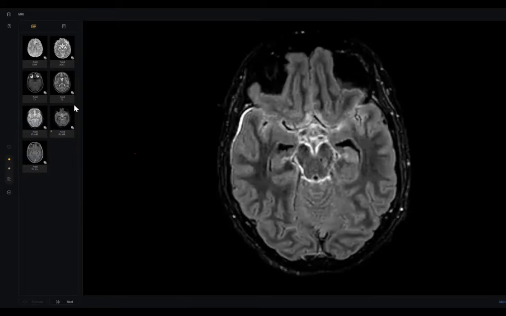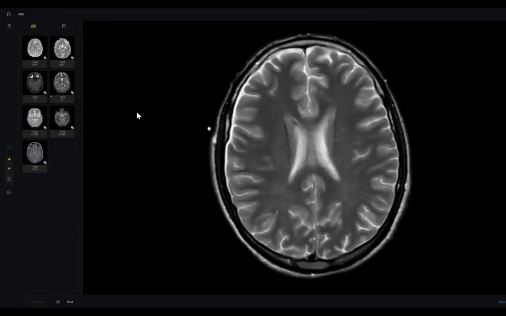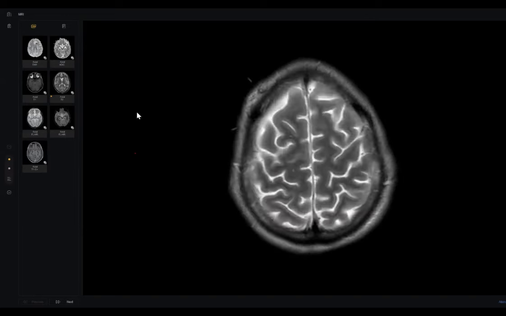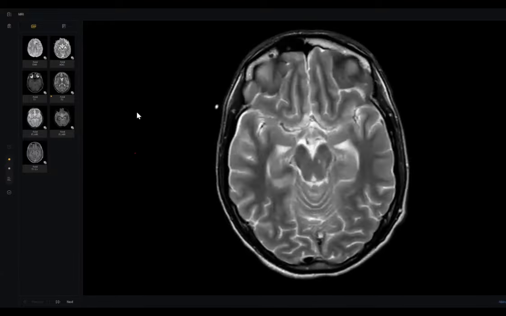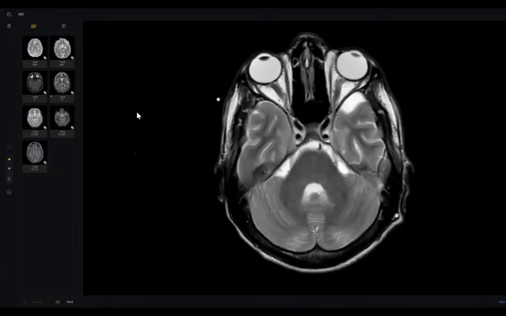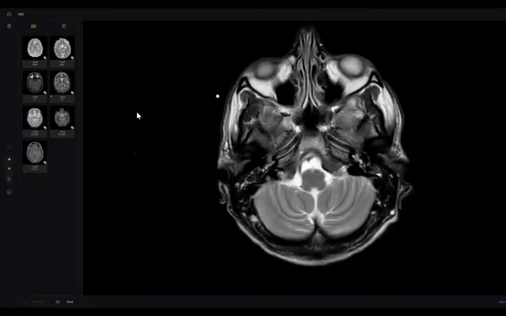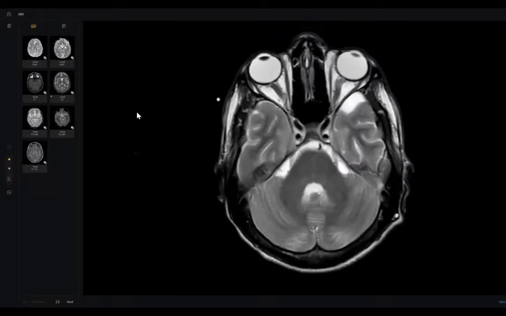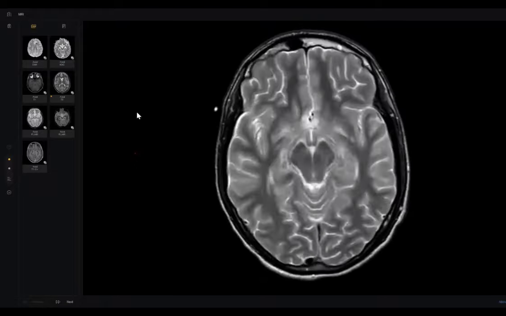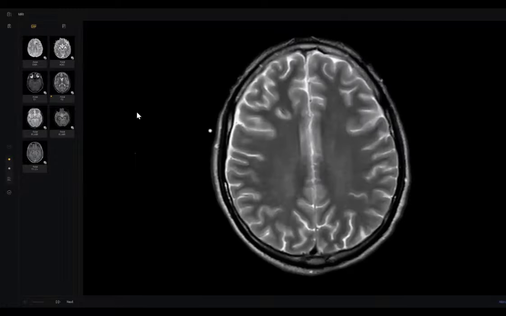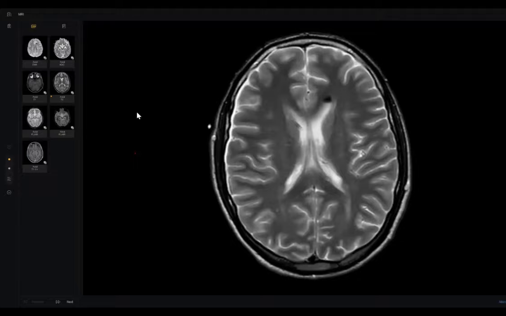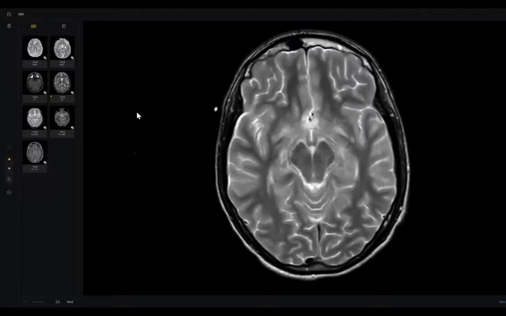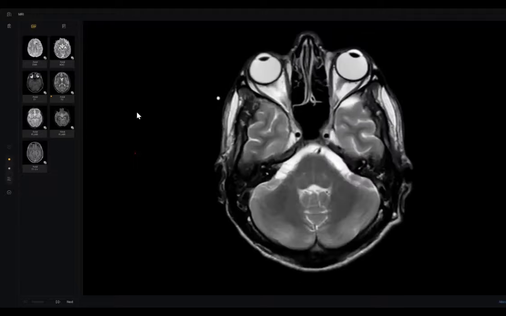The diffuse enhancement could be due to infection or inflammatory. Okay, this is axial T2. I think there is a draining tube. Yes, there is a draining tube seen with its tip at the third ventricle, no hydrocephalus.